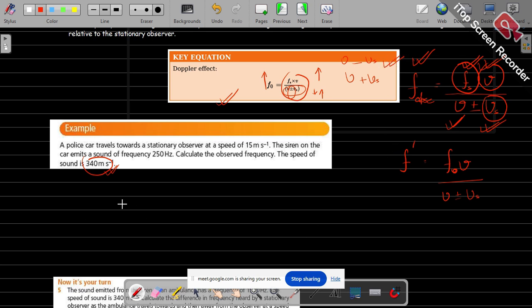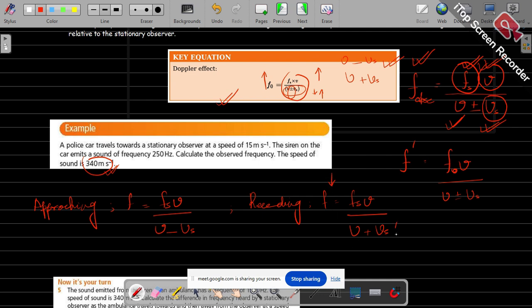So either you keep it in mind like this: whenever the source is approaching the observer, we are going to use the formula with minus, and vice versa. Whenever the source is receding, that is, whenever it is going away from the observer, then we are going to use the formula with plus, because when the source is going away, the observed frequency should decrease. And when will the ratio give me a smaller answer?